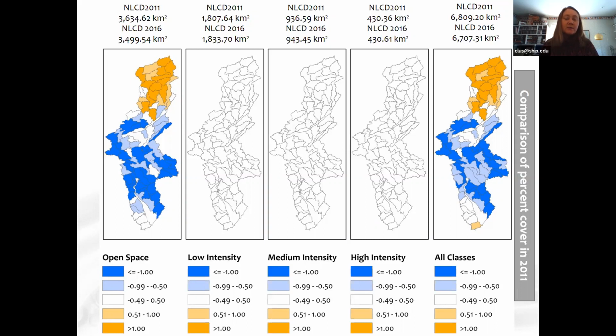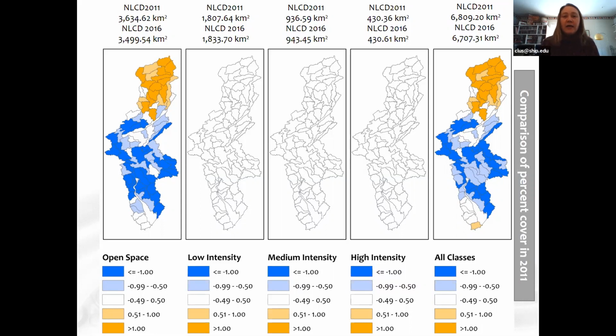And it's also possible that in the northern part of the basin, the 2016 edition is better able to discriminate between open space development and forested landscapes that are intermixed with developed land cover. So this is for the developed categories.